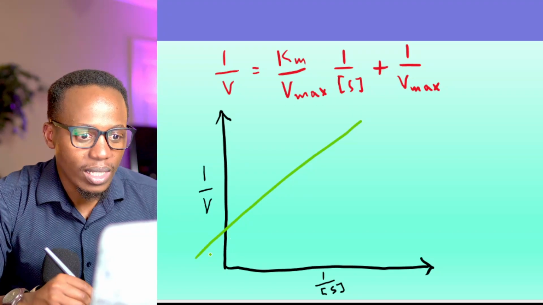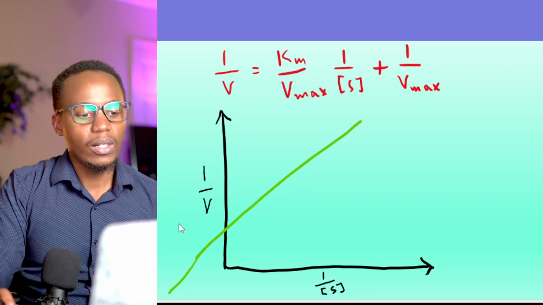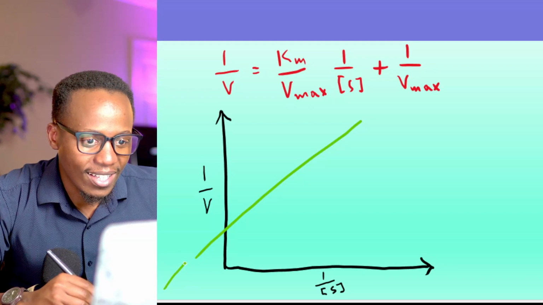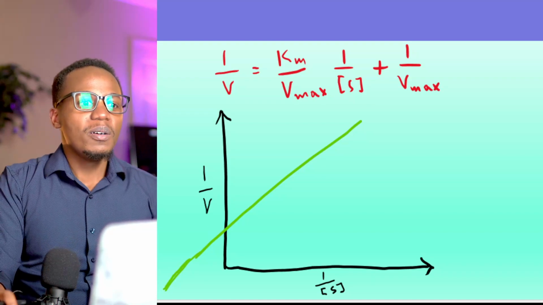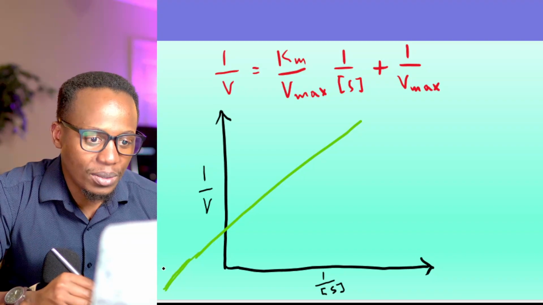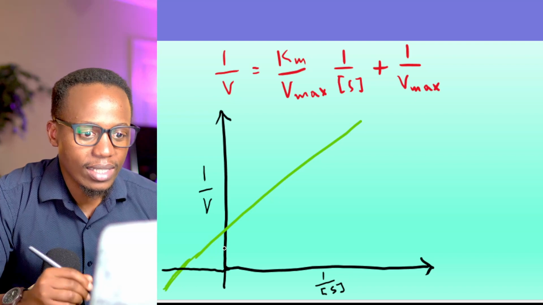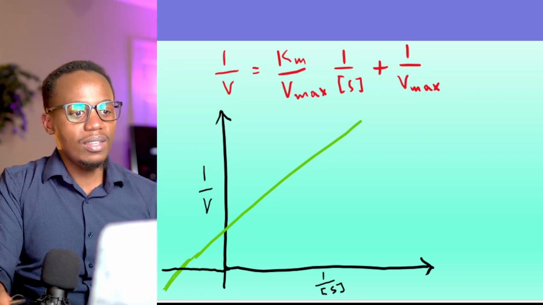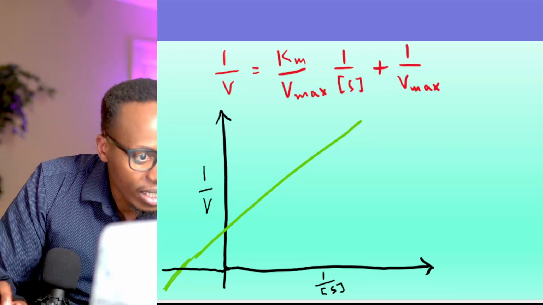It's going to be a straight line like this. Okay, this is not very straight. A little bit better, but it's going to be a straight line. And with a straight line, you can then calculate the variables that we're trying to calculate much easier.